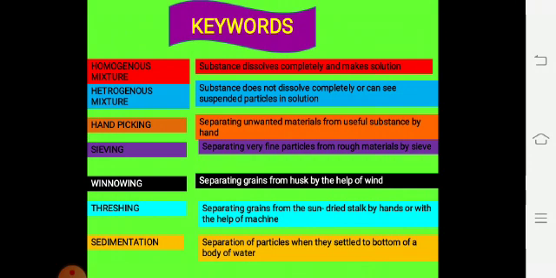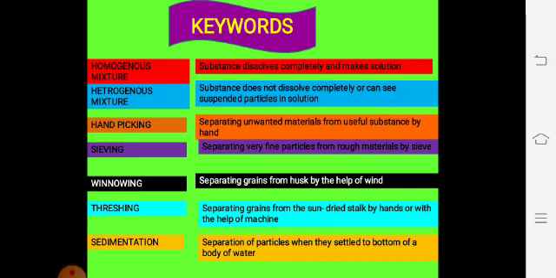Hetero means different. When a substance does not dissolve completely, or you can see suspended particles in the solution, it is called a heterogeneous mixture. Example, chalk powder in water, or you can say sand in water. It does not dissolve. Next is hand picking.